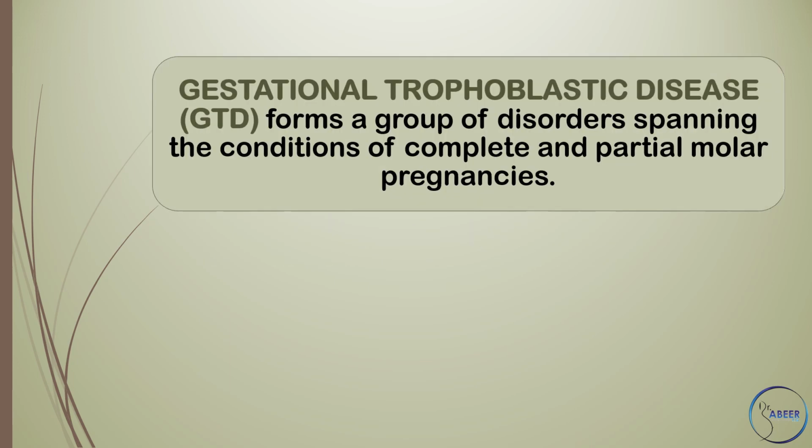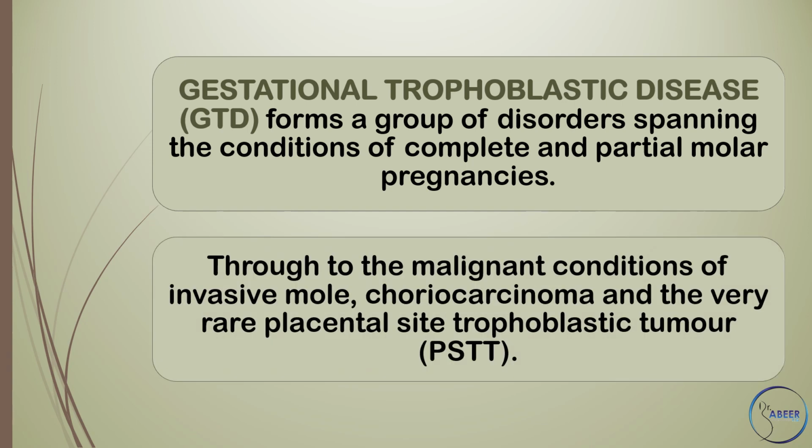Gestational trophoblastic disease, or GTD, forms a group of disorders spanning the conditions of complete and partial molar pregnancies through to the malignant conditions of invasive mole, choriocarcinoma, and the very rare placental site trophoblastic tumor, or PSTT.